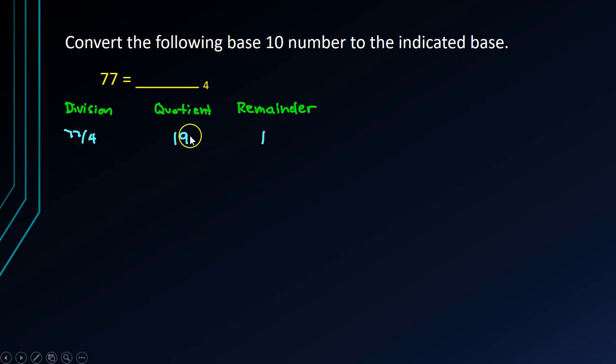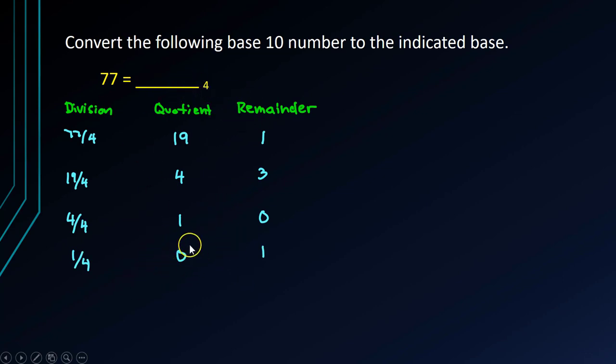Now, I'm going to take this quotient here, move it down here, and divide it by 4. And if I do that, I get a quotient of 4 with a remainder of 3. And I'm going to keep doing this process again and again until I get a 0 in this quotient column here.